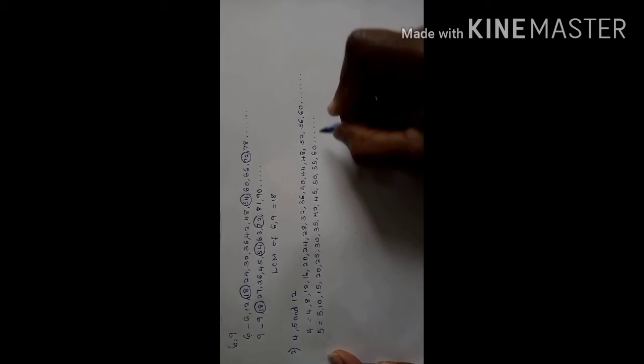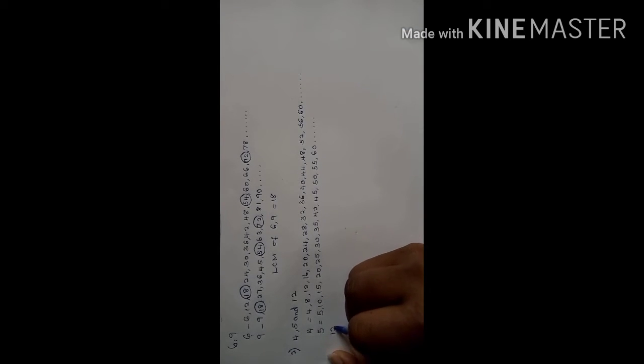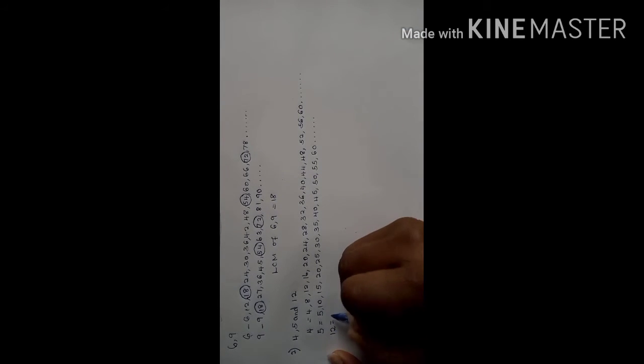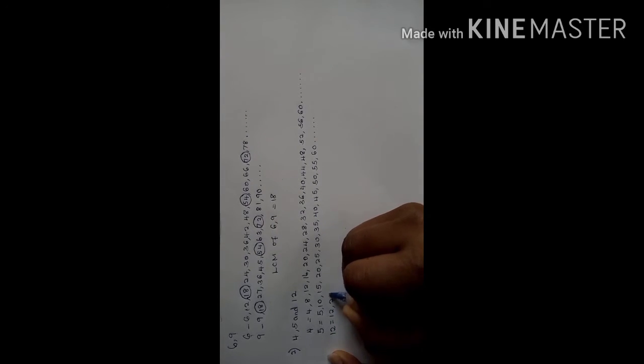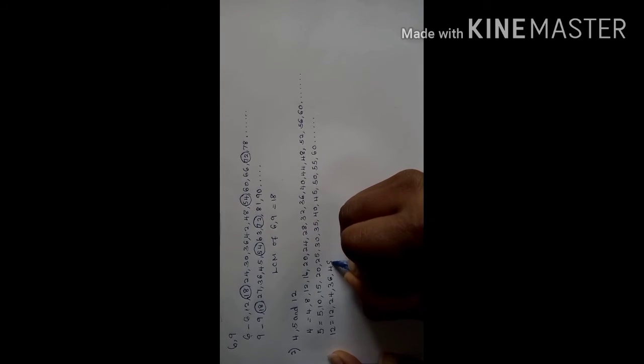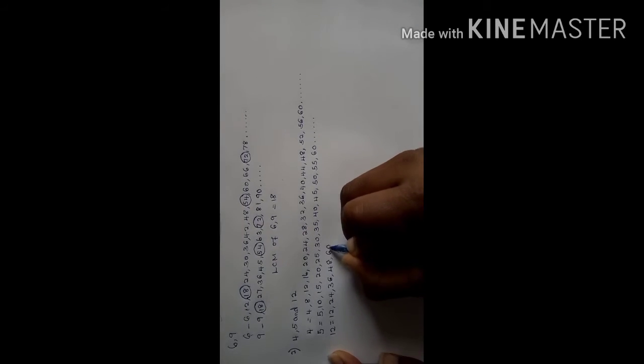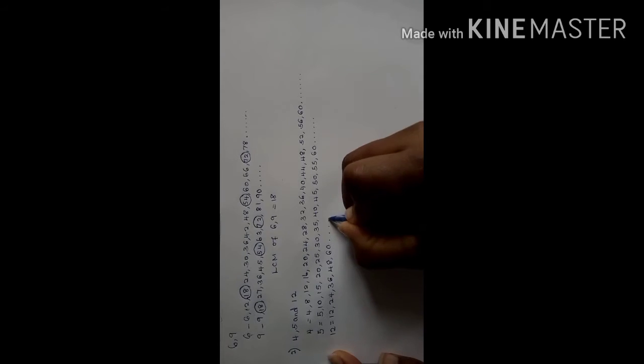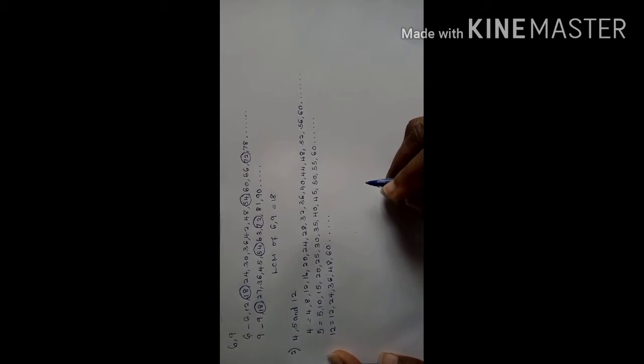Okay, and then for 12, multiples of 12 are 12, 24, 36, 48, 60, and we can continue as well. Now, try to continue with the list of the multiples.